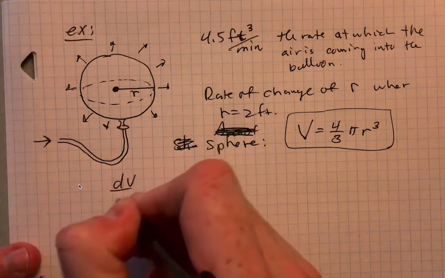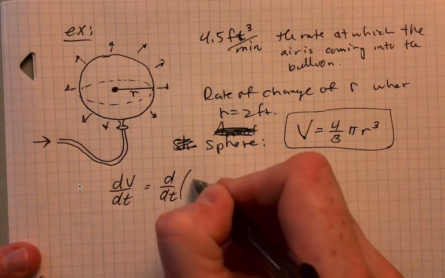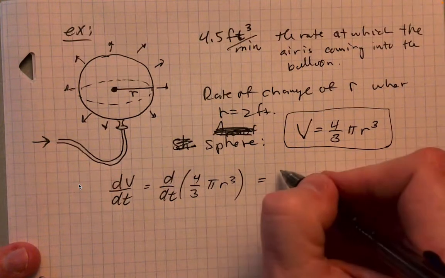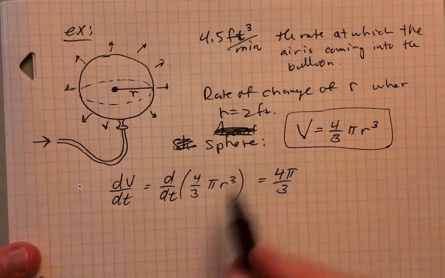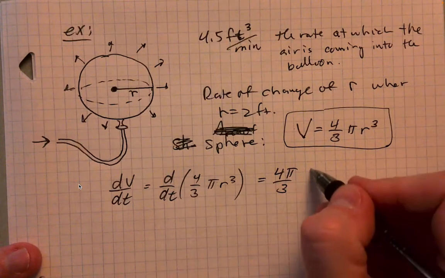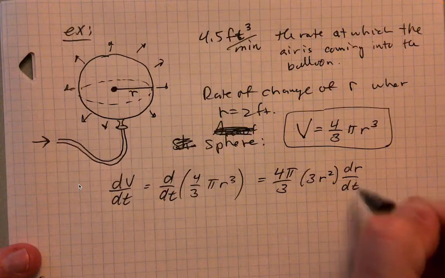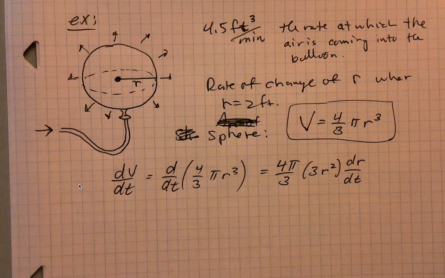So dV/dt will be equal to d/dt of 4/3 pi r cubed, which would be 4 pi over 3 times, pulling those out, 3r squared dr/dt. And that's just the derivative of r cubed with respect to t.